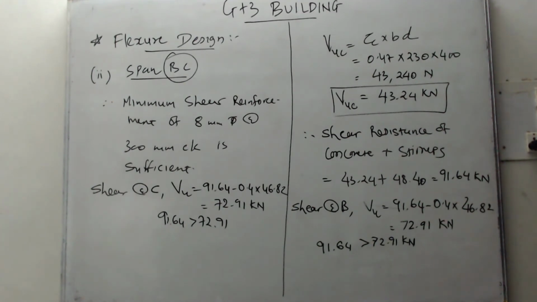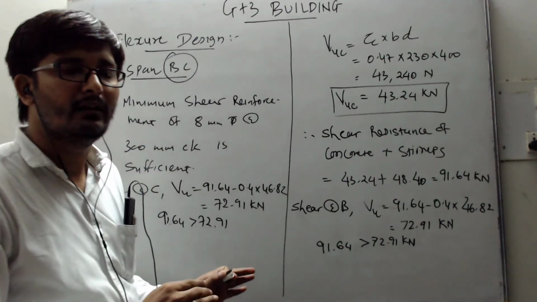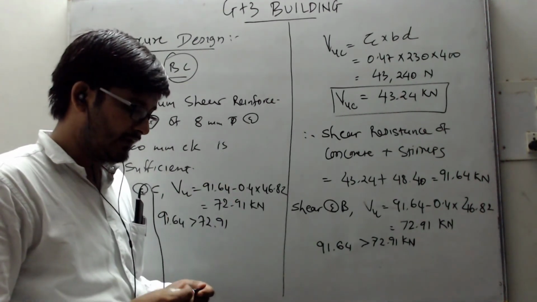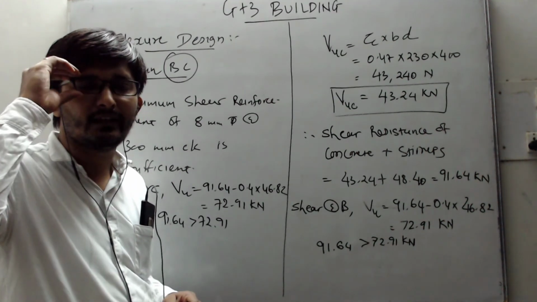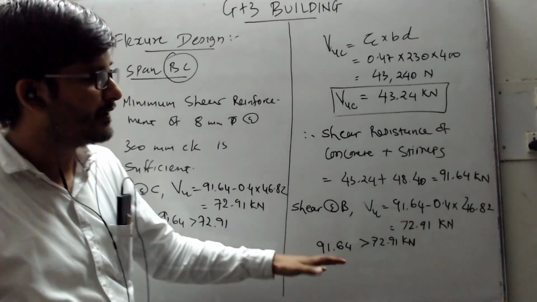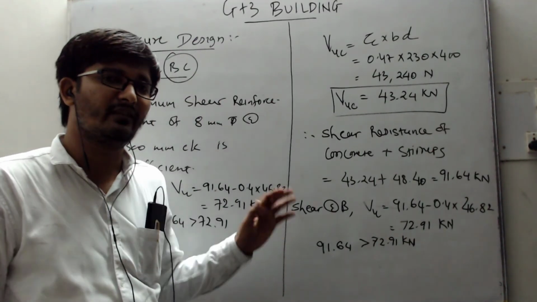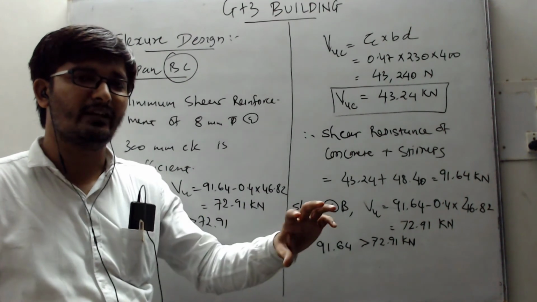We need to note this down, and after this we need to prepare the structural detailing of the beam. So this completes our design part of a beam. After doing the design, we are going to do the detailing as per SP 34. These are the standard steps that we are going to follow for each and every span design. This is a typical one I have taken, beams 18, 19 and 20.